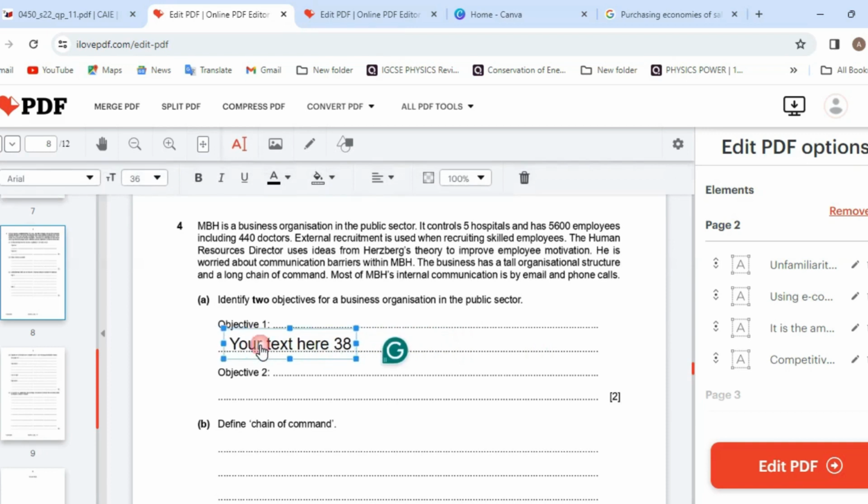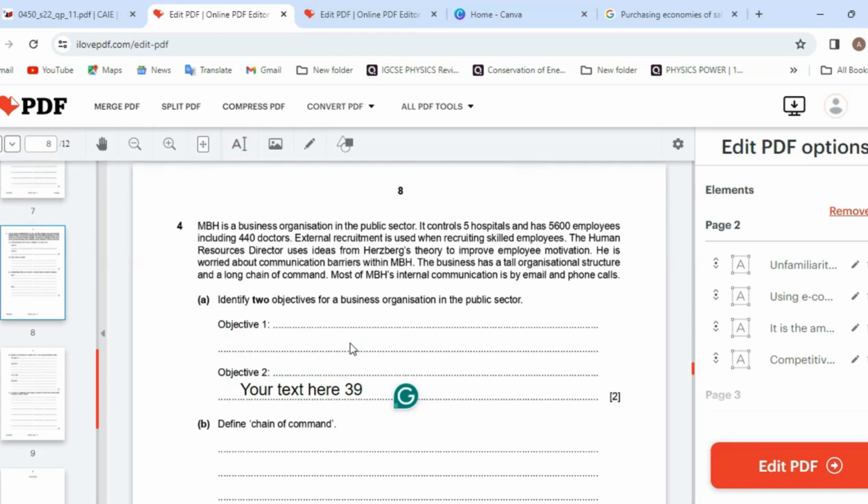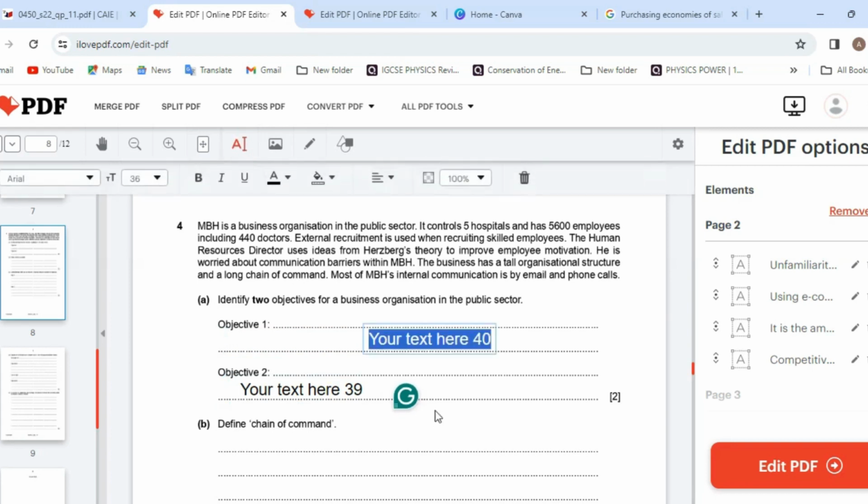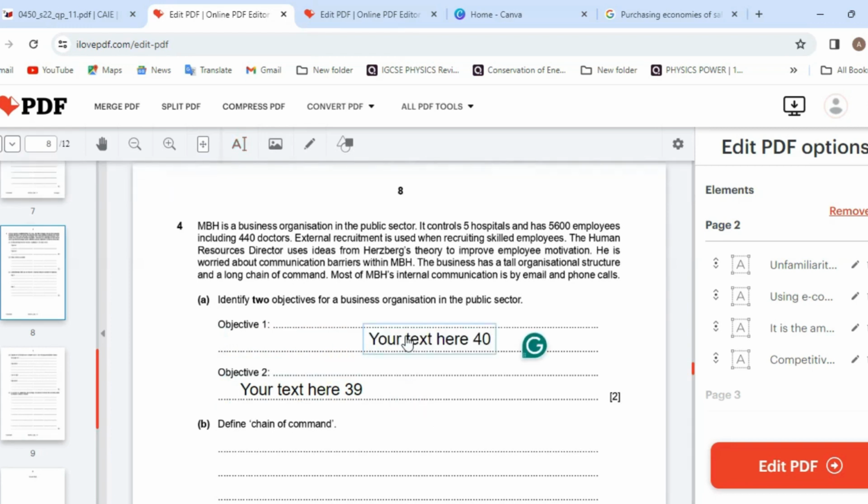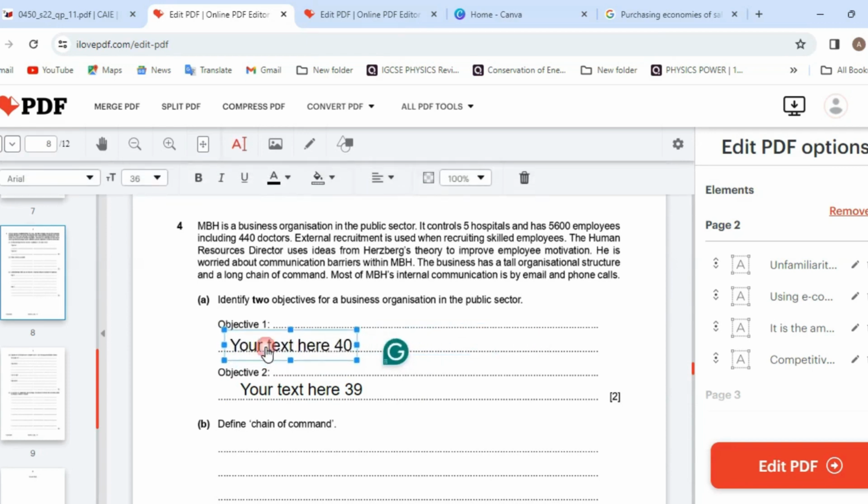That is one of their objectives. Okay, let's identify the two here. To make products or services affordable to all.